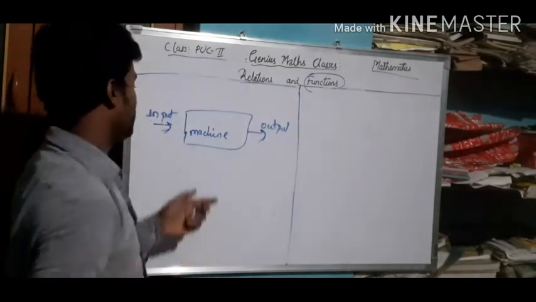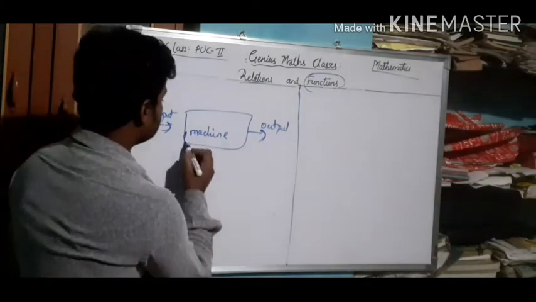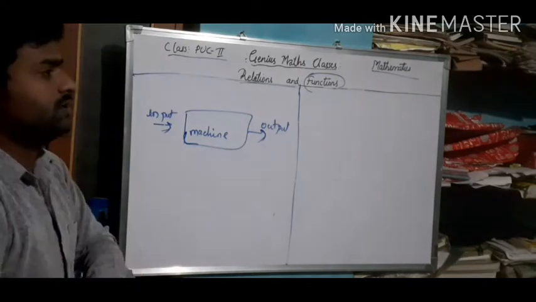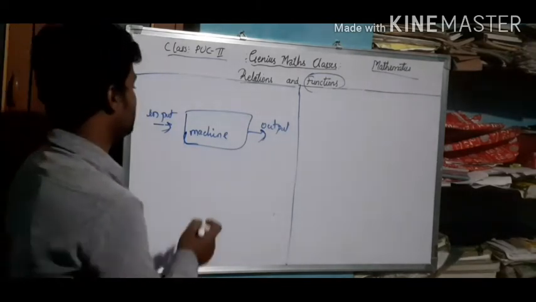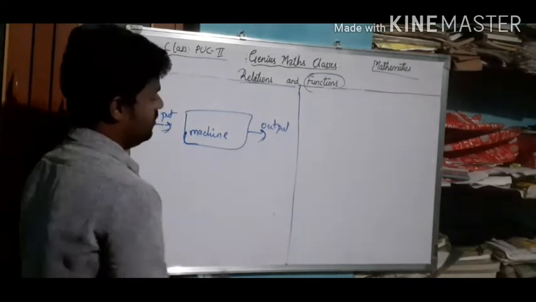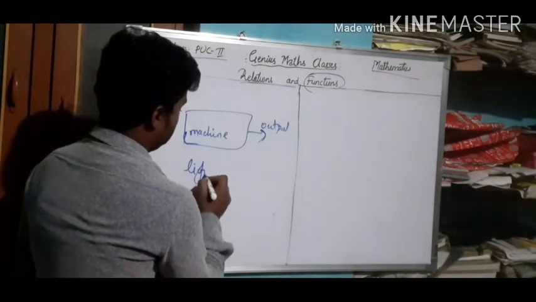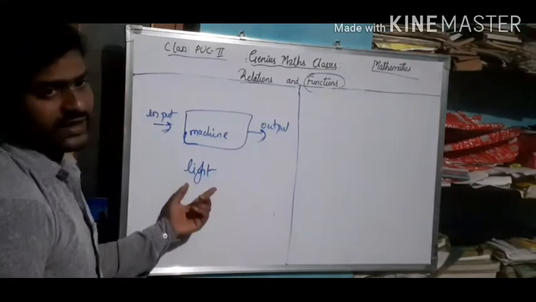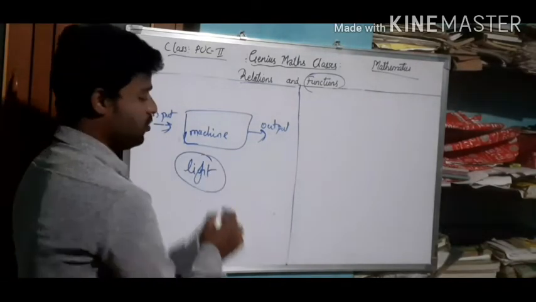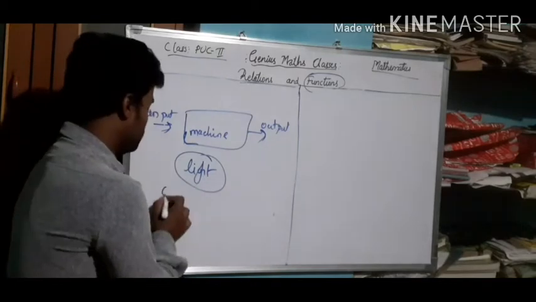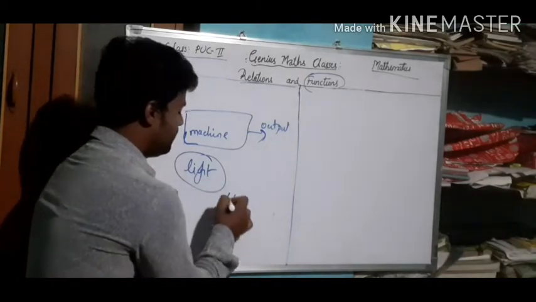For example, first just consider the light we use in our home. It has an on-off button.